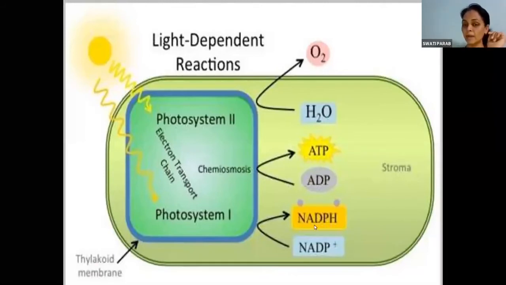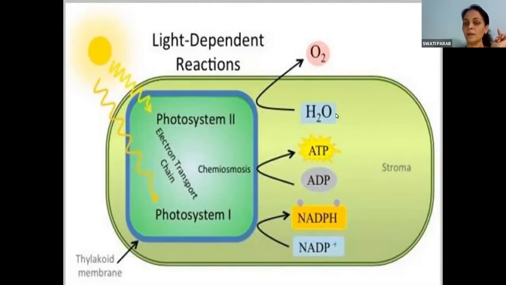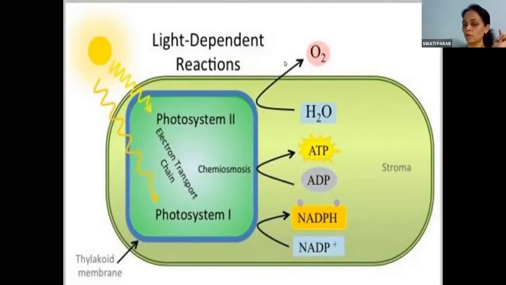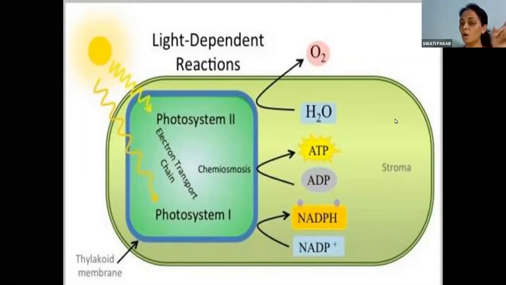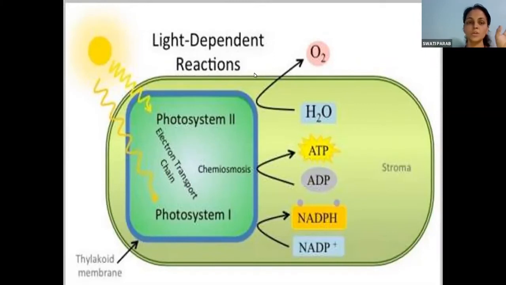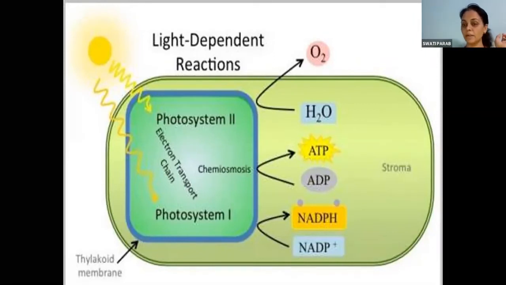Here you can see that ATP and NADPH are used, where ATP gets converted to ADP and NADPH to NADP, okay? And there is photolysis of water, where the water molecule breaks up and gives out oxygen. Yeah. So write down this diagrammatic representation of light dependent reactions.